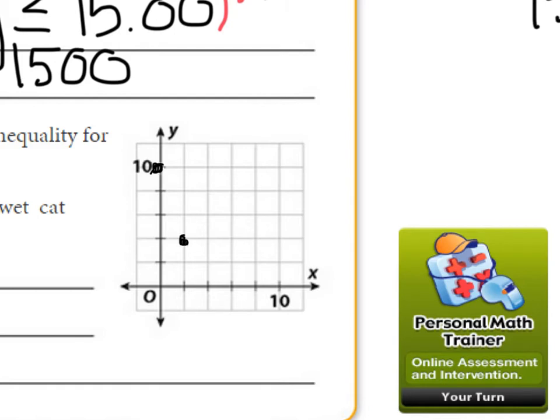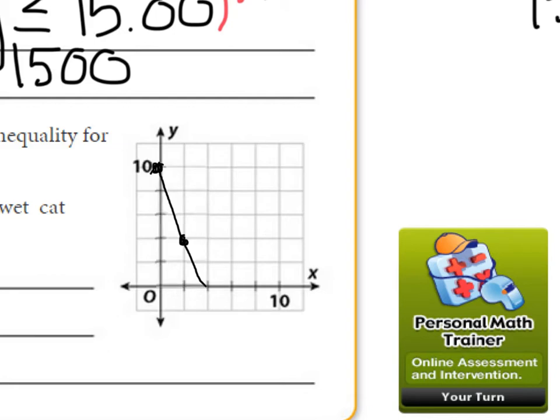Now, if I do that one more time, I'm going to run into negatives, which we don't want to include here, so I'm just going to use these 2 points. We already said it's a solid line. Keep in mind, since we're talking about buying cat food, we can't have any negatives. So we need to make sure our line starts and stops in quadrant 1.